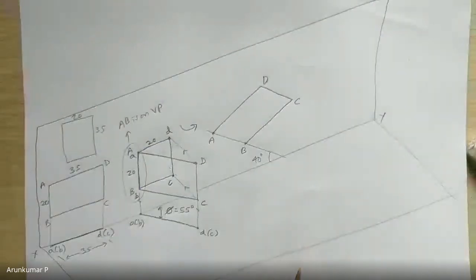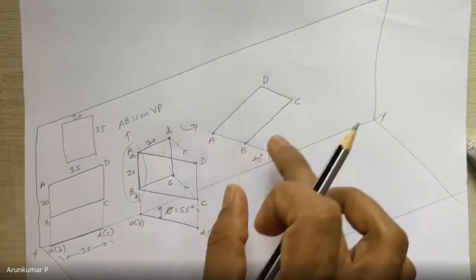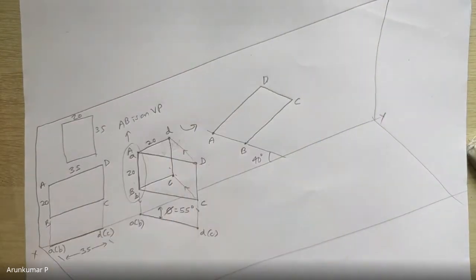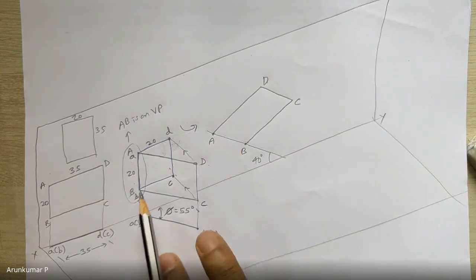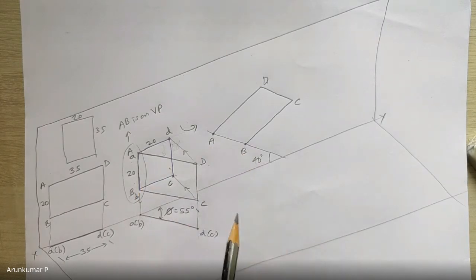Difficult to draw the third step here because of this angle. This phi angle, I cannot represent it well in this 2D environment. If it is a 3D environment, I can show, but in 2D it is very difficult. Okay. So this is how it is going to look like. The bottom line is that the shorter edge AB, on which it is resting in VP, is inclined at 40 degrees to HP.